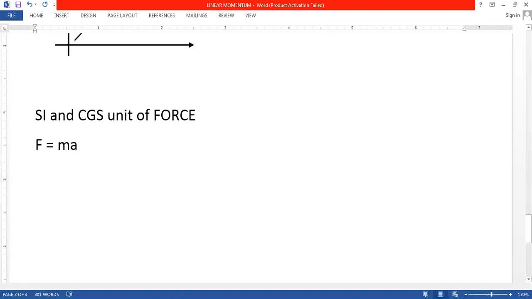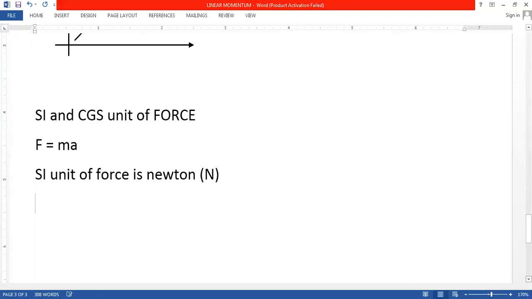What is the SI unit of force? The SI unit of force is Newton. If you want to write in short form, just write capital N, or if you want to write in full form, write NEWTON.